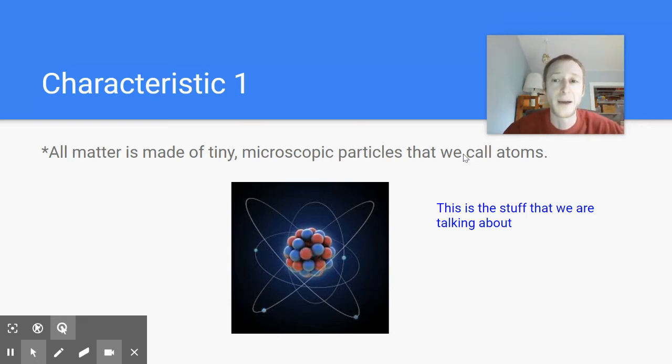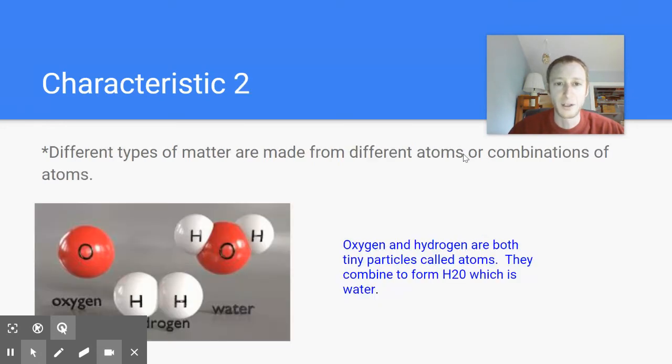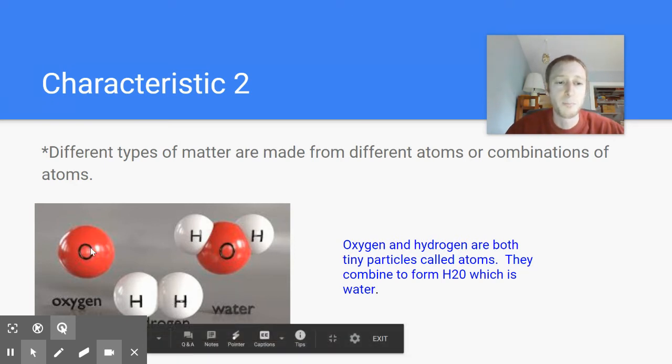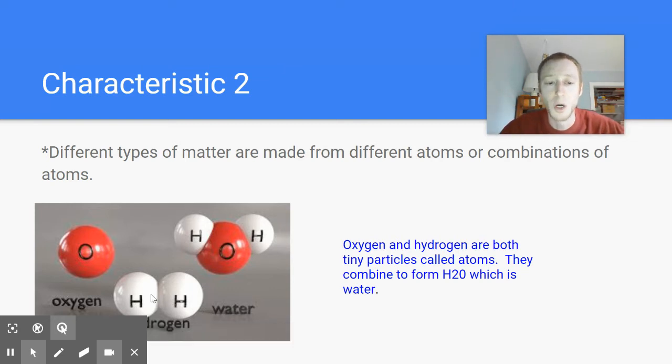In other words, all matter is made of these microscopic particles. Another characteristic is that different types of matter are made from different combinations of those atoms, right? Oxygen and hydrogen are both these particles, right? But they can combine to form H2O, which is water.